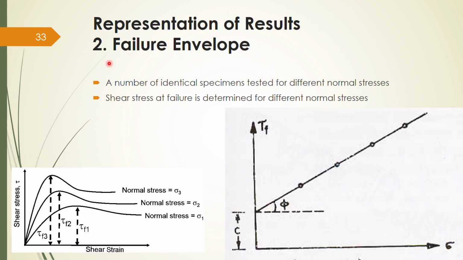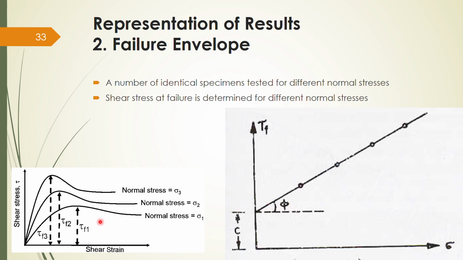We already have studied what a failure envelope is. So how to obtain this? As we have studied, the first representation was using the stress strain curve. So here we have the stress strain curve. On this axis you have the strain, on this axis you have the shear stress, and here we are conducting a number of tests on identical specimens for different normal stress values.